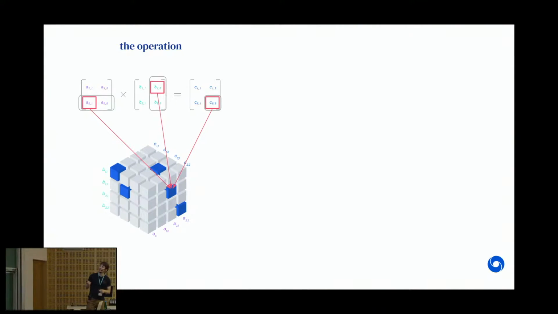And indeed, we see that in this tensor, we have a 1 in the position that's indexed by A21, B12, and C22, indicating that this term appears in the matrix product. And similarly, for the other term in the dot product, we have the corresponding 1 entry in the tensor.